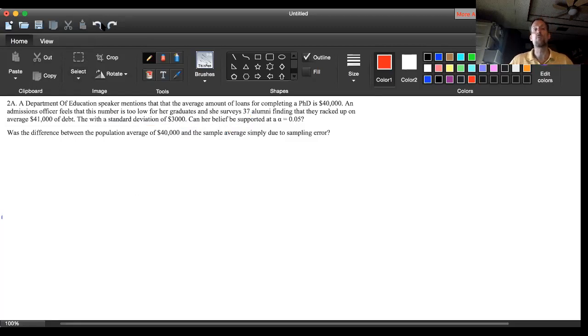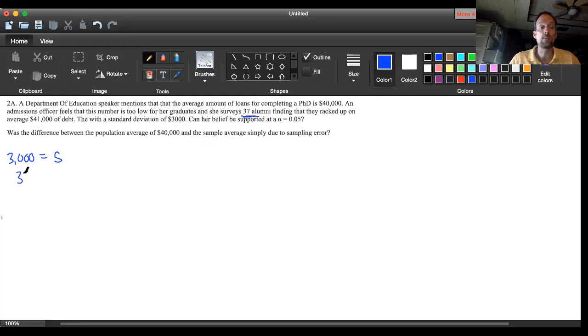Before we even start to do formulas and calculations, we're just going to list all of the given information, all of the numbers, along with their symbols, so that we'll have them for later reference. I'm going to put off to the side here my 3,000, which is going to be my S. Now, inside that sample, they also mentioned the sample was size 37 alumni.